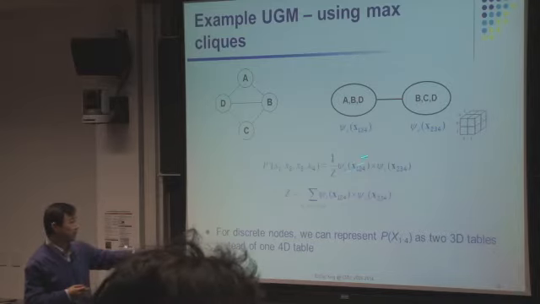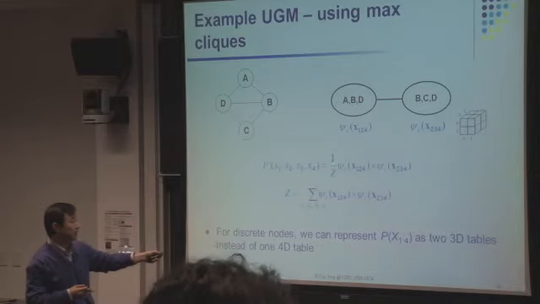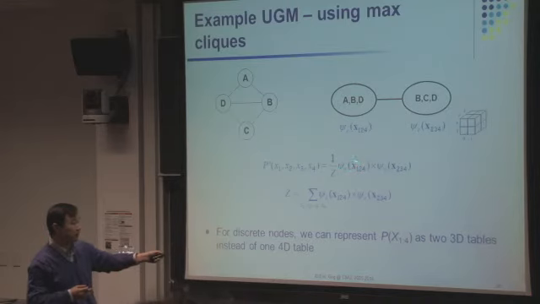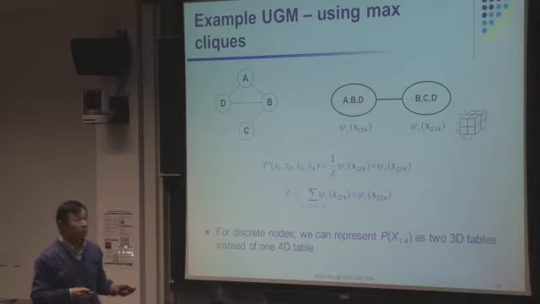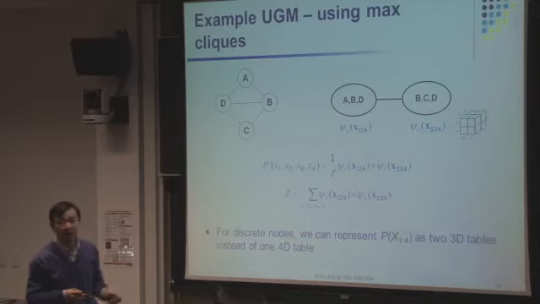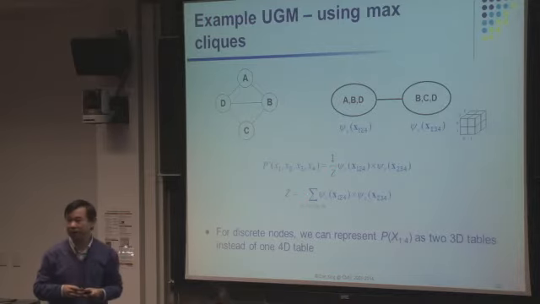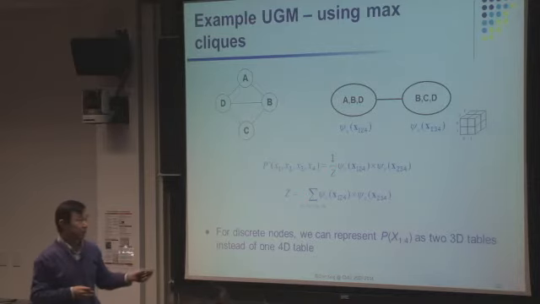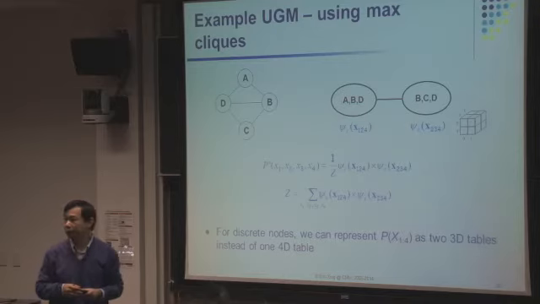You can multiply them together, and each of these particular phi will pick up one of the possible entries in its table and give you a number, right? And once they are properly normalized by Z, that gives you the likelihood of a particular state of this 4-variable domain.